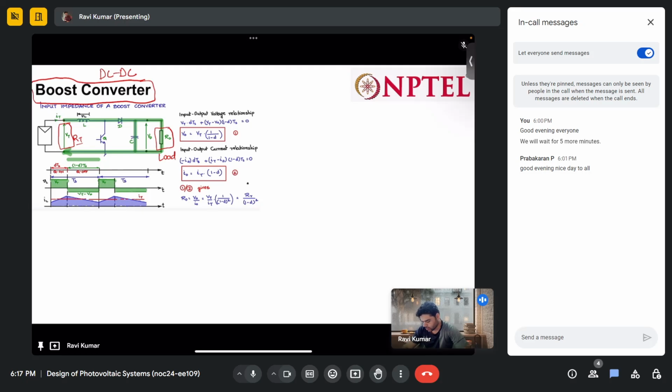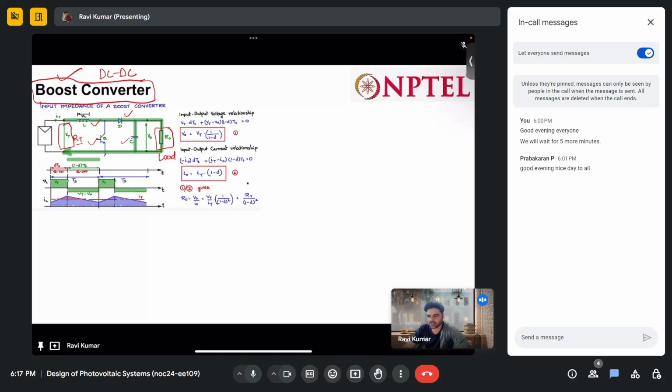So this boost converter has components like an inductor, this diode, then a switch and capacitors. So this is the basics of the boost converter. You have understood this from the lecture already. So what is important here?